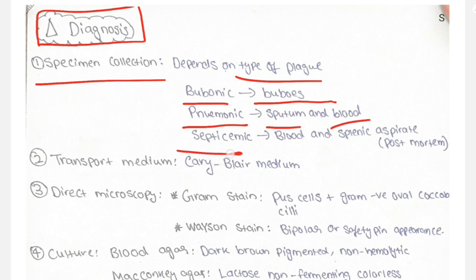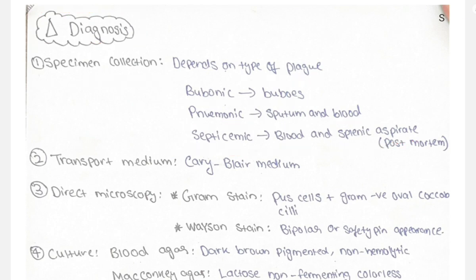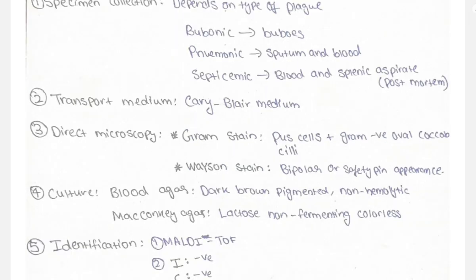And if it's septicemic, then we take blood or the splenic aspirate. S for septicemic, S for splenic. And obviously the splenic aspirate is post-mortem. The patient is already dead, and we take this aspirate just to confirm the causative agent of the death. Transport medium is Cary-Blair medium.